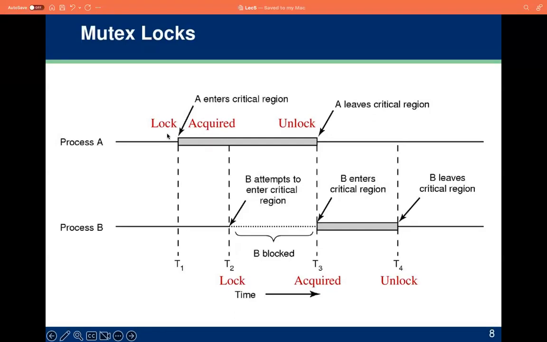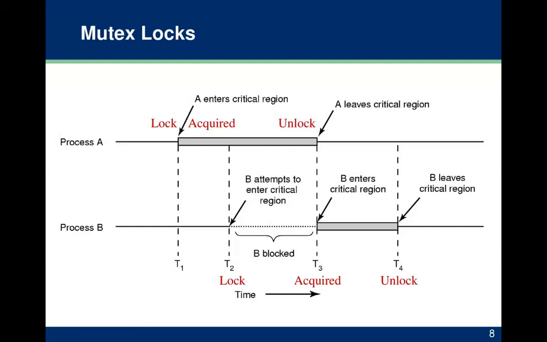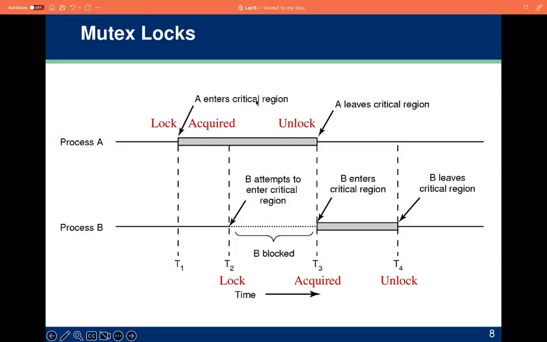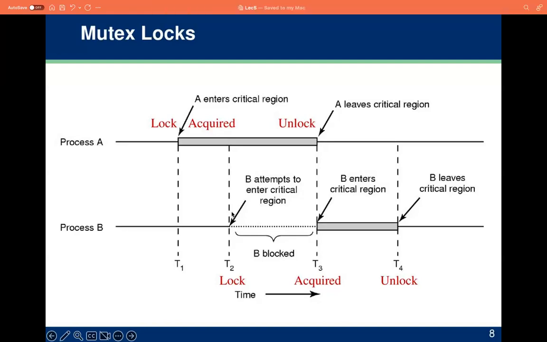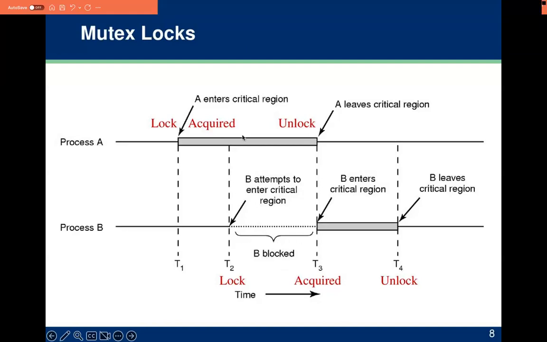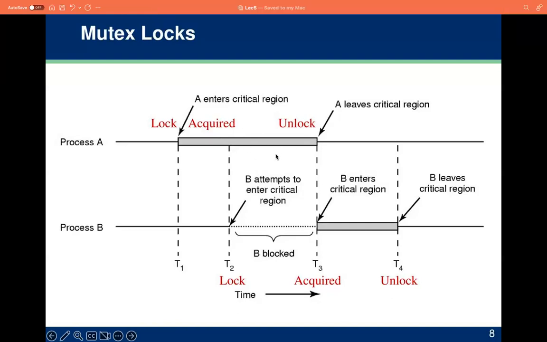So we have, let's say, two processes, A and B, that are interleaving. Let's say A enters a critical region, meaning the necessary resources will be locked, and A acquires that resource. Okay, and at this point, B attempts to enter the critical region, but B is blocked because A is still using that resource.